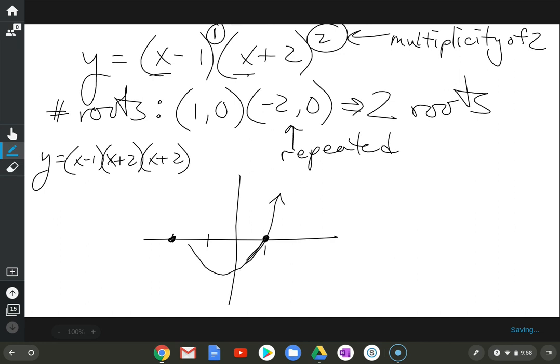But when you have a root with an even multiplicity, like 2, it's going to touch the x-axis, but then it's going to go back down. It won't cut through the x-axis. It'll hit that root and just bounce off. So we end up with a graph that looks like this. We have an odd multiplicity root, which is a first-degree root at x equals 1, and then an even multiplicity root, or a second-degree root, at x equals negative 2.